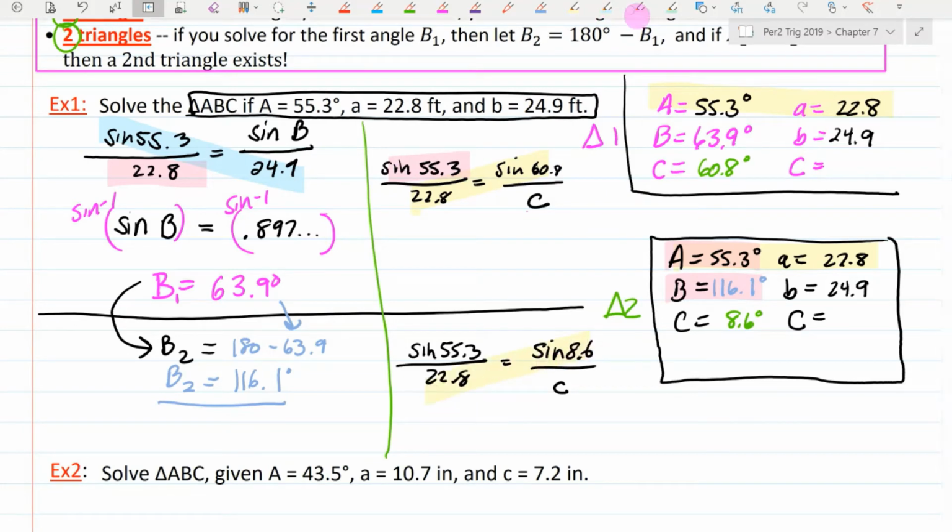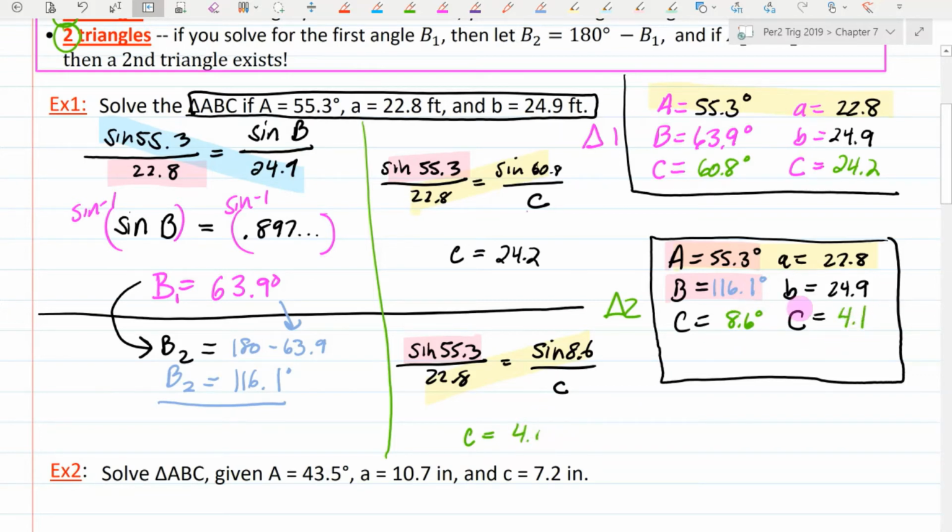For the top one, we get C is equal to 24.2, and those are feet. And for the bottom one, we get 4.1.